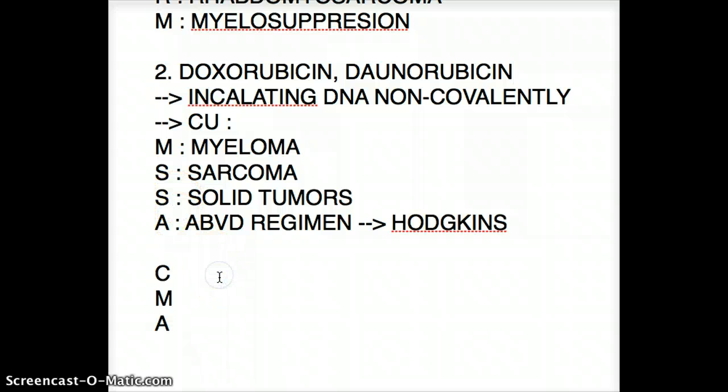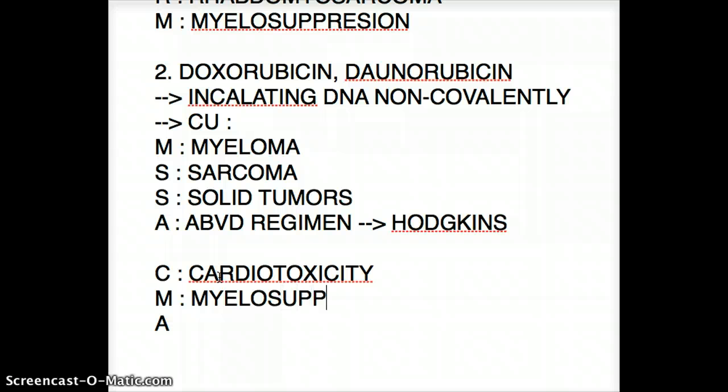What about the toxicities of doxorubicin and daunorubicin? What does C stand for? C stands for cardiotoxicity. M stands for myelosuppression. And A stands for alopecia. So that's my MASA CMA.